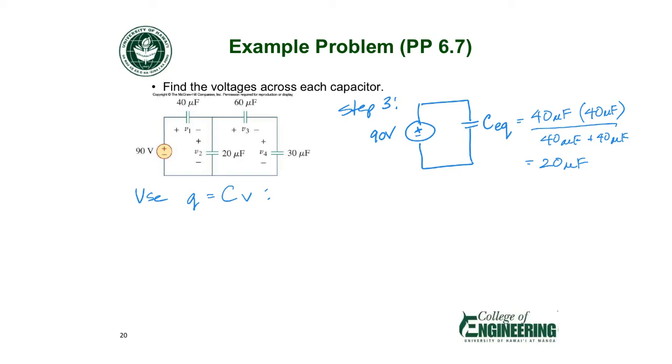So the charge on that equivalent capacitance will be 20 microfarads times 90 volts, or about 2 millicoulombs of charge. This is the charge on that equivalent capacitance.